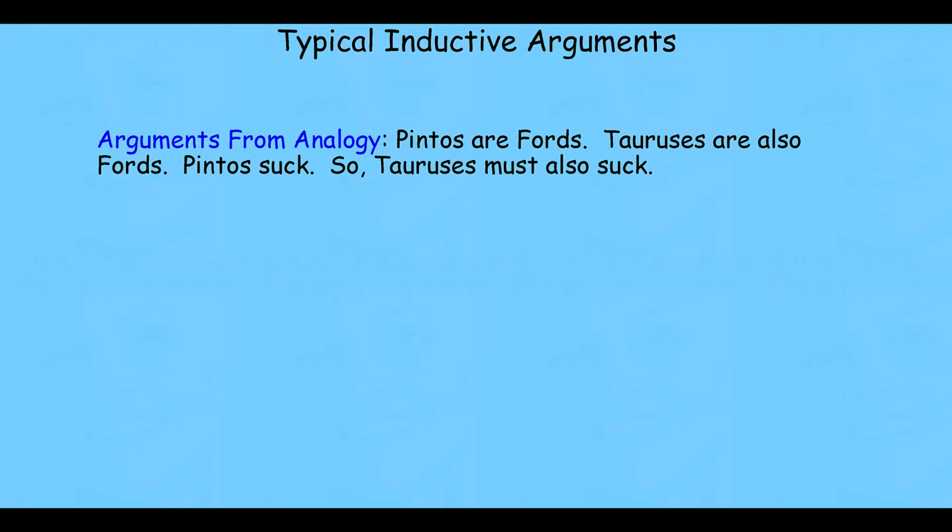And while Pintos definitely suck, the 1967 Fastback Shelby Mustang was in fact the production car of the year in the year that it was first manufactured, and hence it, by definition, didn't suck. And so it's possible for our premises to be true without guaranteeing that our conclusion is true, because we're leveraging regularities in our experiences that aren't necessarily universal in their existence.